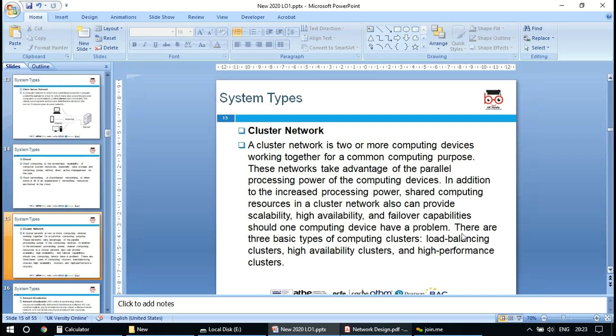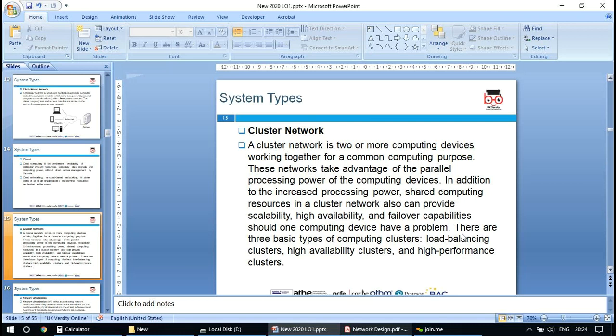And then the cluster network or the cluster system is a system which is a combination of two or more computers working parallelly in order to increase the computing power. Parallelly, in a sense, they are tightly coupled. So the networks and the clouds are loosely coupled because they are over the network.